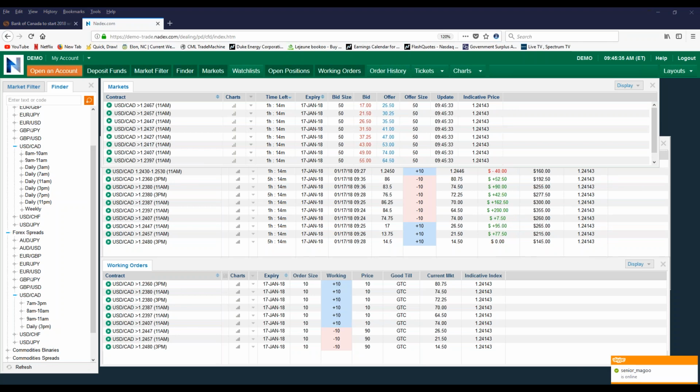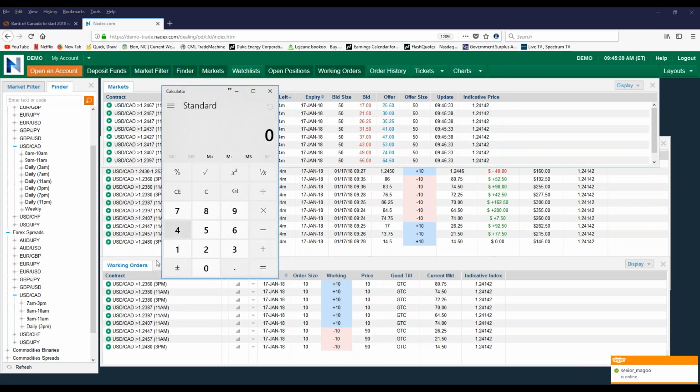So if price is trading at 1.2414, and it moves down 150 pips, that wasn't right. Let's see, it's 1.2412 minus 150. It's going to put it at 1.2262. Okay, does everybody understand that?